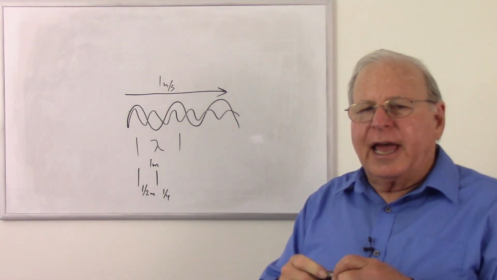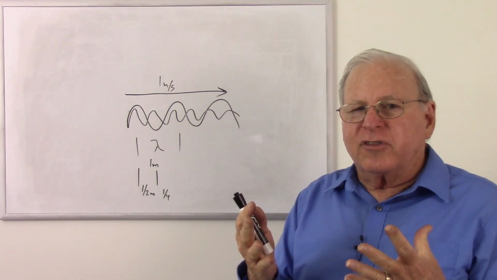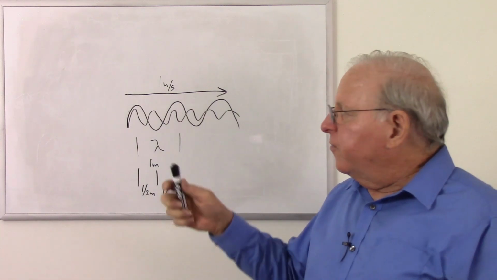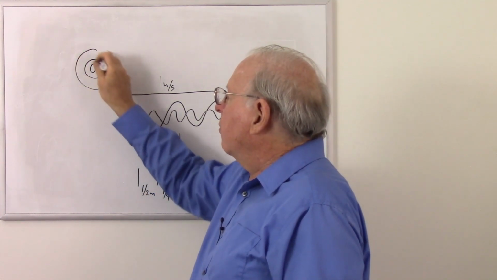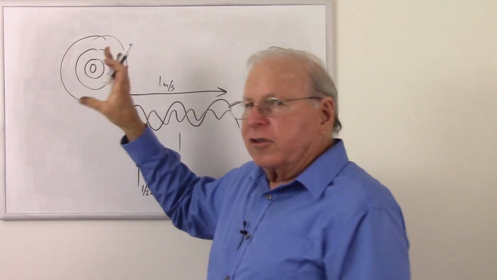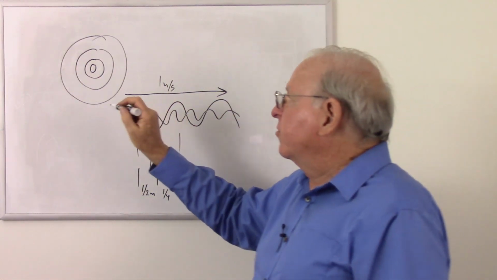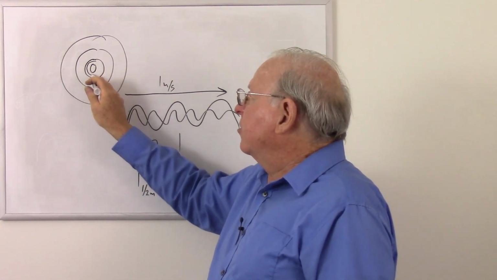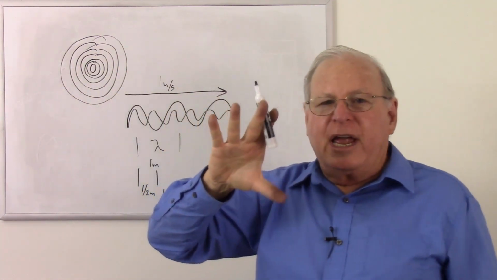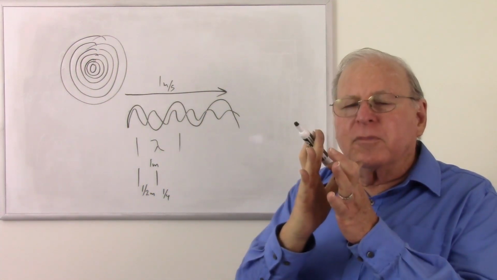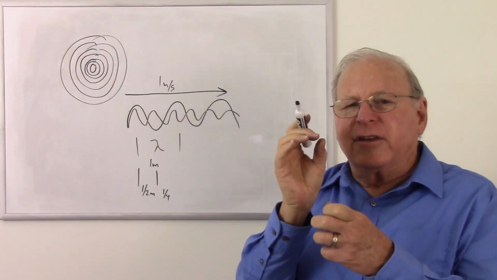So once again, as we increase our frequency, our wavelength goes down. If we have that ball expand and contract at one speed, there's our waves going out. Let's say it's expanding and contracting at 1 time per second. But if it expands and contracts at 2 times per second, we're going to get twice as many waves in the same space. That puts them closer together, so the wavelength is half.